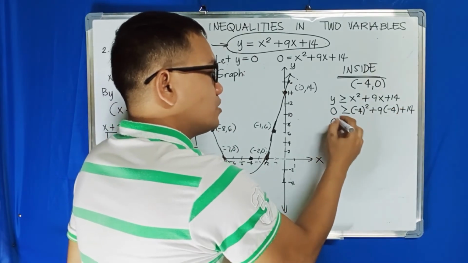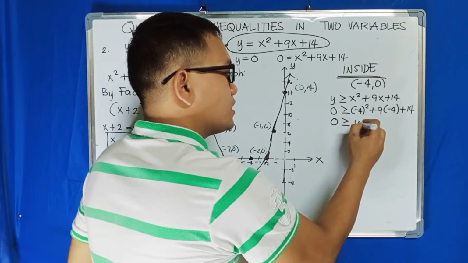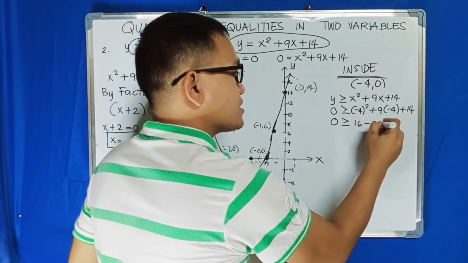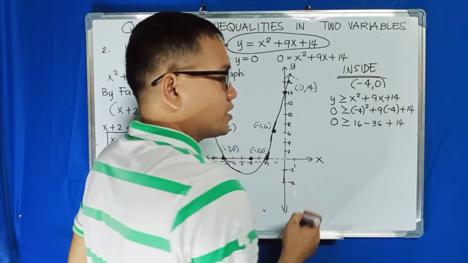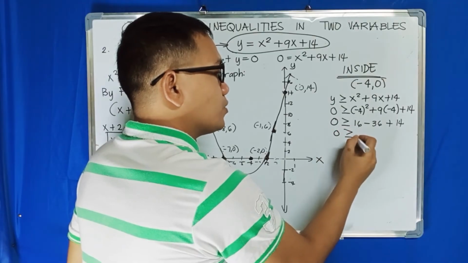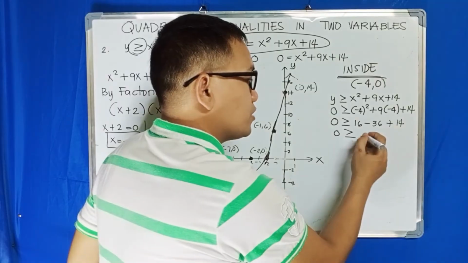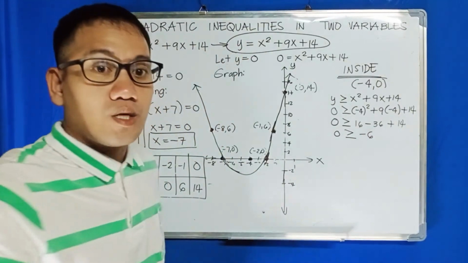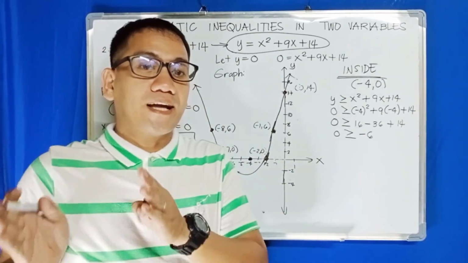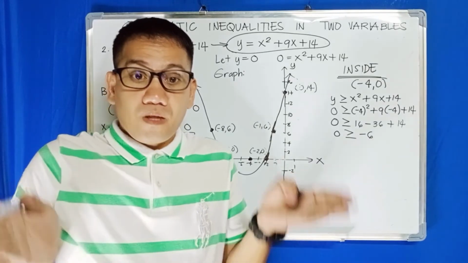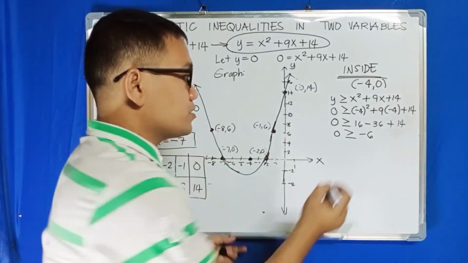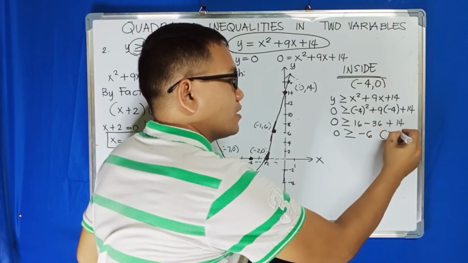So we have 0 greater than or equal to 16 minus 36 plus 14. So 0 is greater than or equal to 16 minus 36. We have negative 20 plus 14. We have negative 6. So 0 is greater than or equal to negative 6. Of course, 0 is greater than a negative number. So we will consider this statement true.